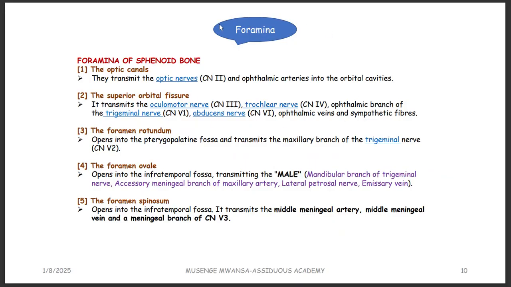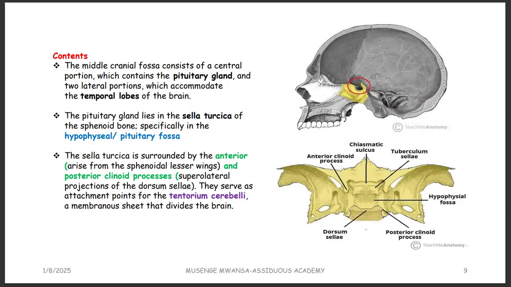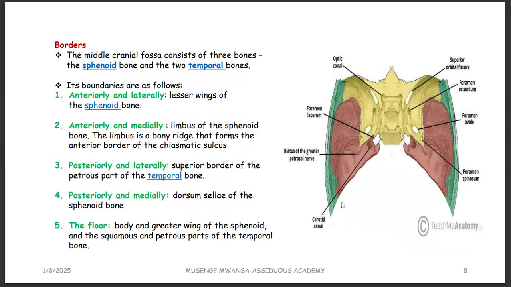And then we also need to understand the foramina that are found in the sphenoid bone. We have got quite a lot of foramina, starting not just with the sphenoid bone but the middle cranial fossa. Starting first with the foramina that are found in the sphenoid bone itself. There are a lot. Okay, we did also discuss them when we were talking about this bone.